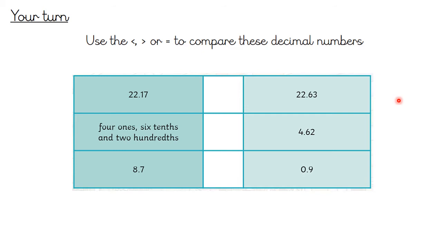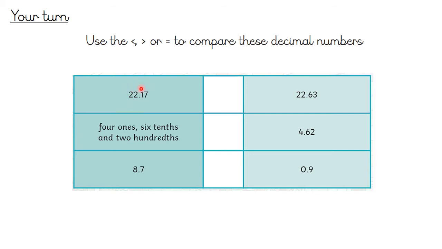Okay, let's look at the first one. So 22.17 and 22.63. Now, we start on the left. We can very clearly see that we have a 2 in our tens, a 2 in our ones in both. So the number is 22. So we now need to look at our tenths and hundredths.